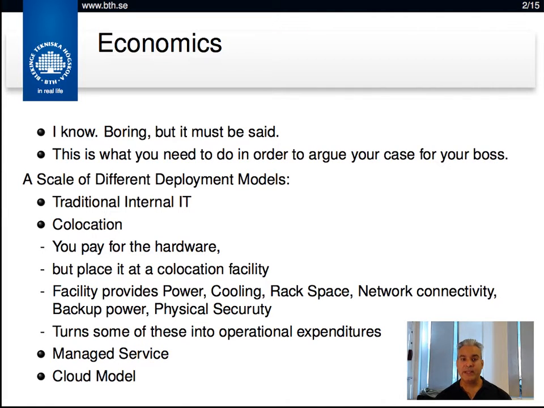Co-location is similar in the sense that you also pay for the hardware, but rather than having to maintain the networks and power and cooling and all those kind of things, you pay for a service to provide that. Which also means that your servers are co-located with other companies.